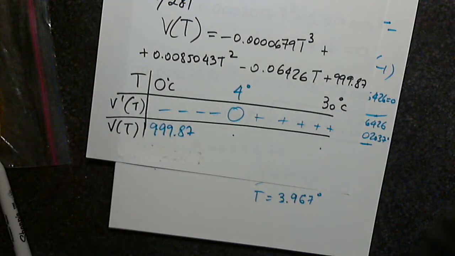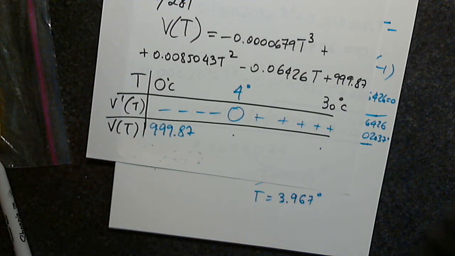So y equals negative 0.1234679 x cubed plus 0.008585043 t squared minus 0.06426 t, and then plus 999.87.